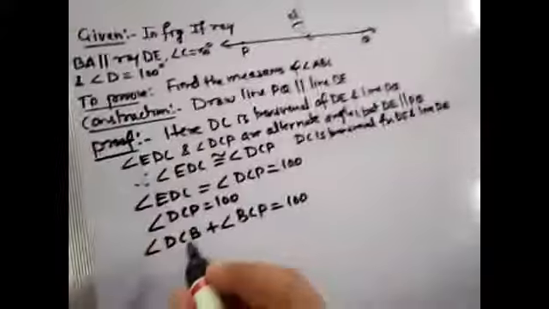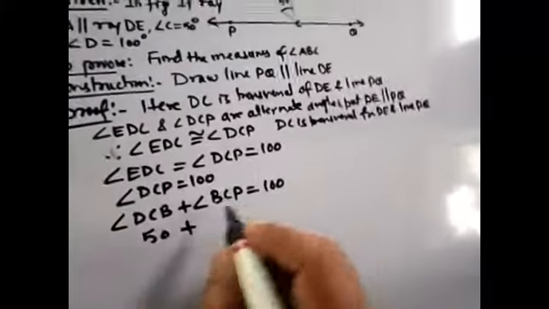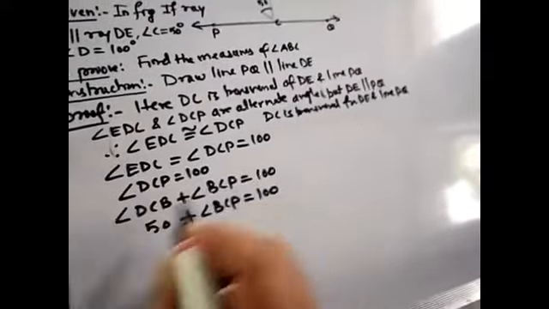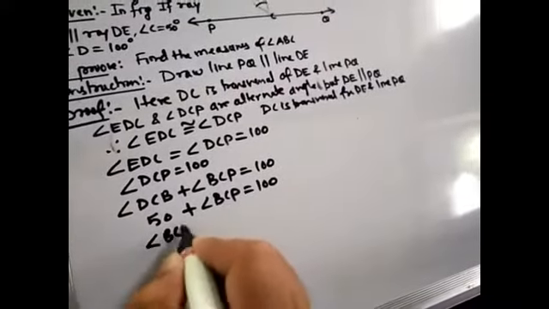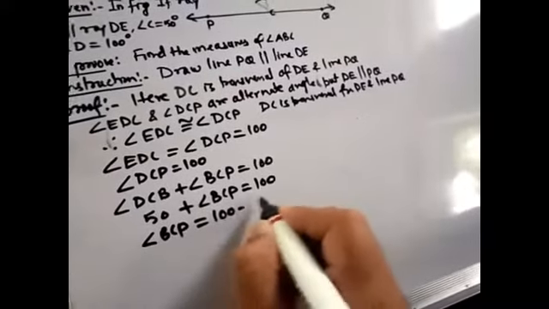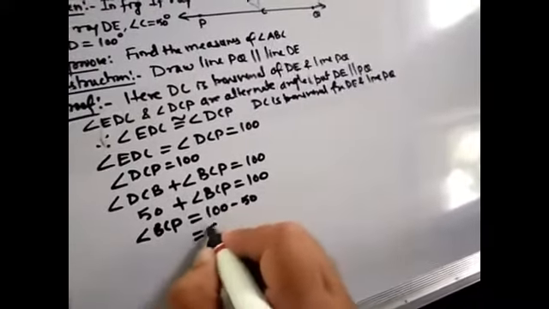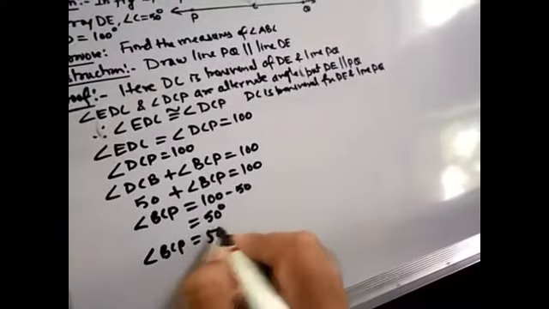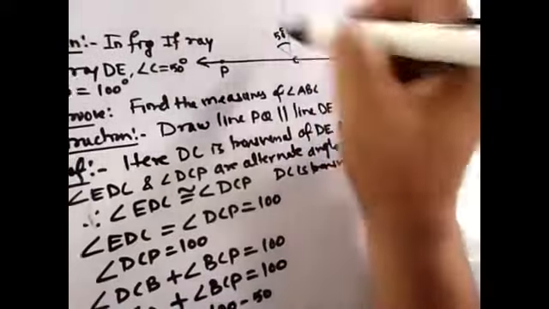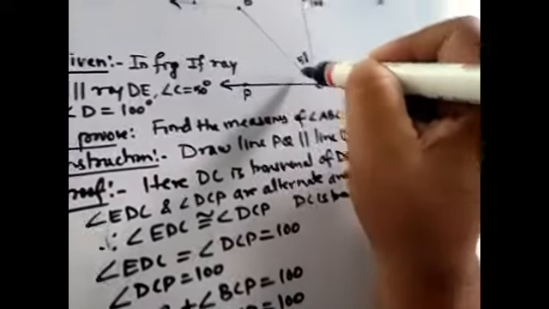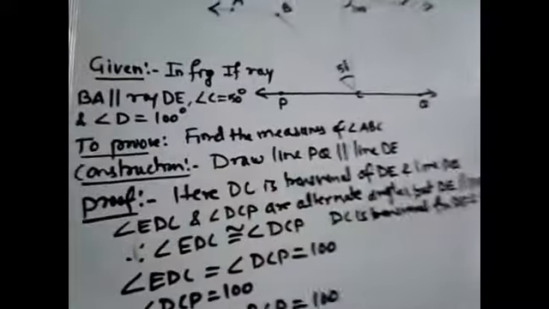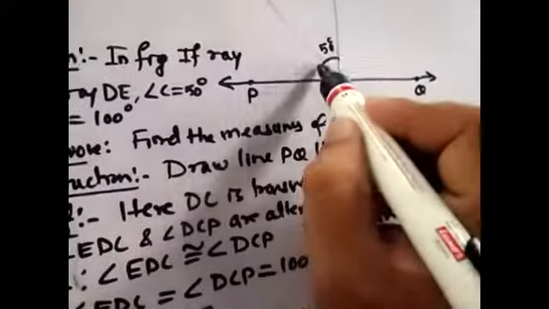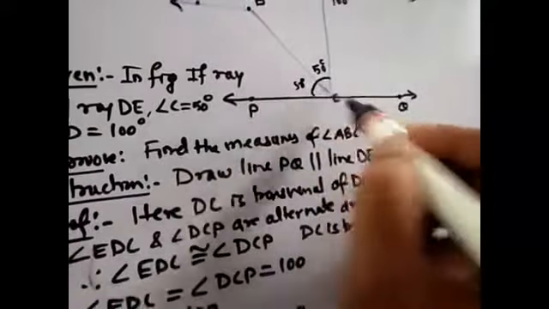This DCB angle is 50, plus angle BCP is equal to 100, means angle BCP is equal to 100 minus 50, that is 50 degrees. BCP is here, this angle is 50 degrees.